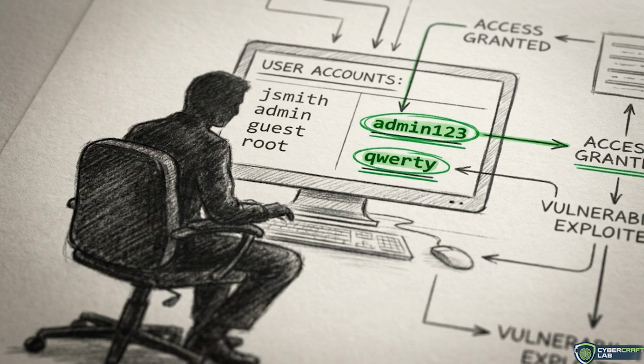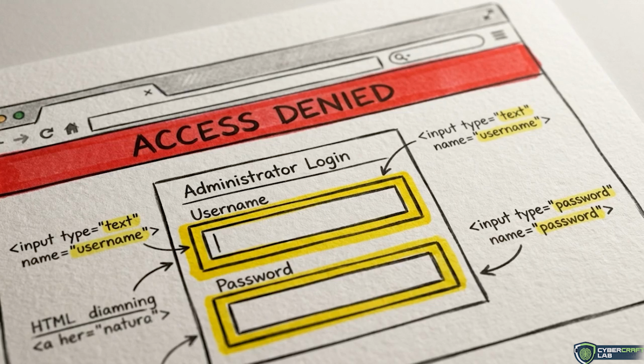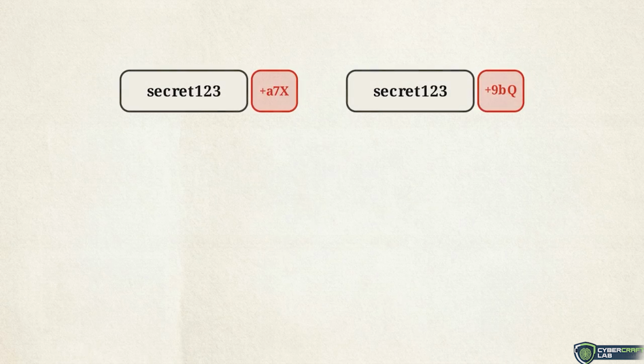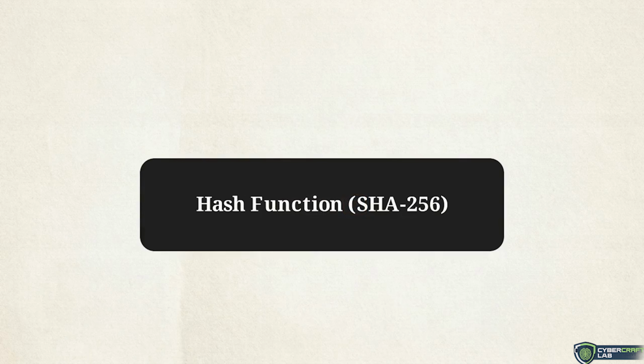You have now successfully executed an offline dictionary attack to decrypt a hash and mapped a live web form to brute force a portal over a network. To defend against offline attacks, systems require strict password complexity rules to defeat word lists, and they must implement cryptographic salting to ensure that even identical passwords generate completely unique hashes.